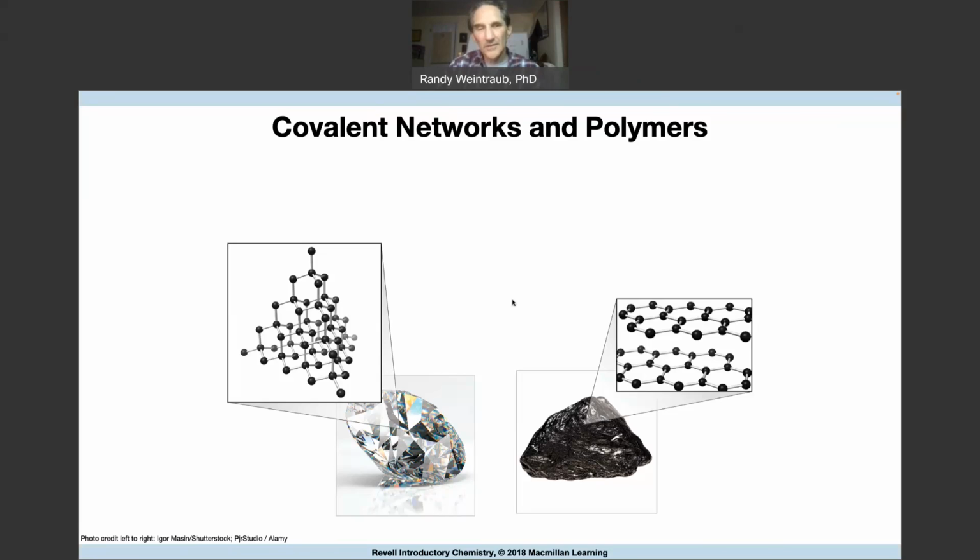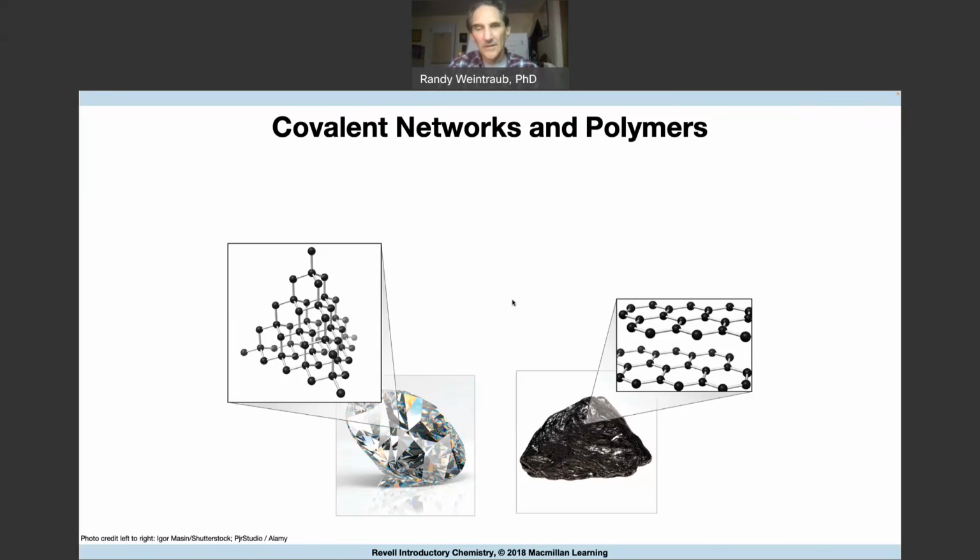Both are examples of covalent networks, lattices of connected covalent bonds that form giant molecules. In a diamond, for instance, each of the carbons has 4 single bonds and is tetrahedral in geometry.